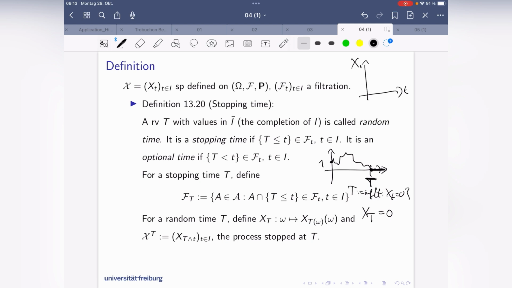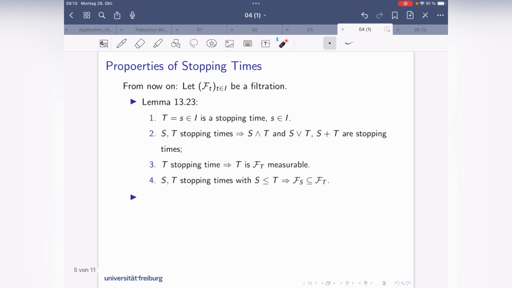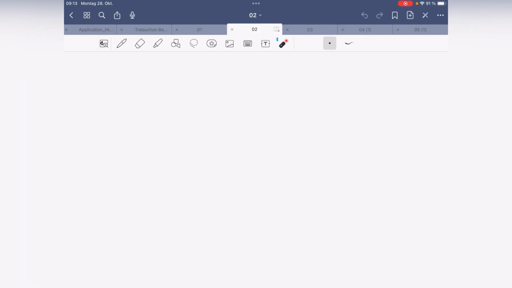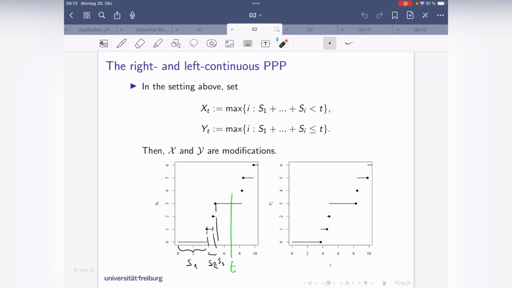So that was an example about Brownian motion, but let's first look at the Poisson point process. Here, hitting times in the Poisson point process. Recall that we had in the last video the left and the right continuous Poisson point process.